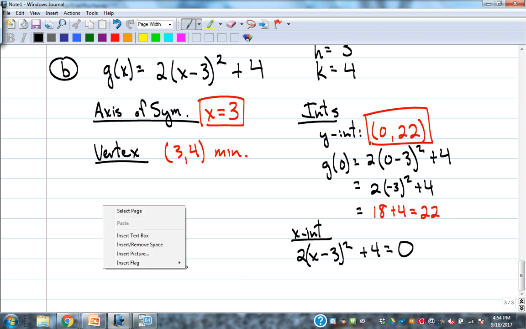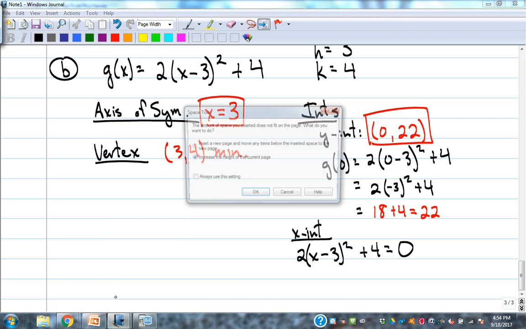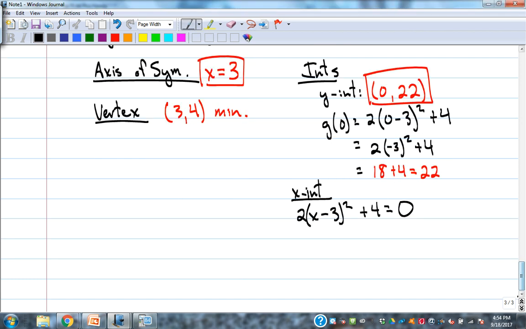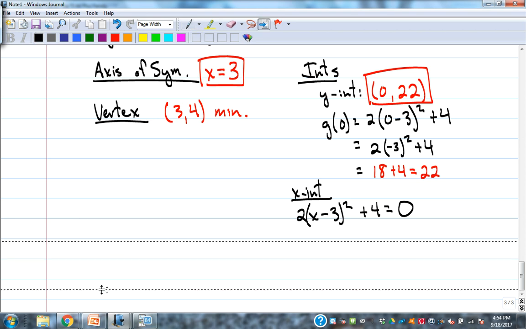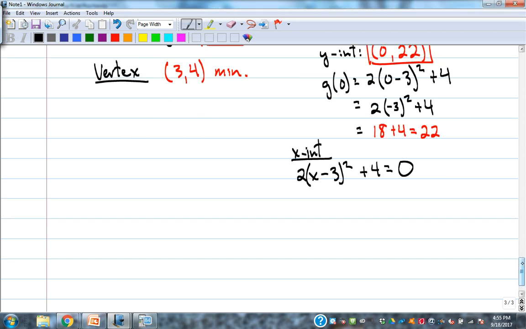So let's do that. To solve by square roots, the rule is get the square part by itself. What part is the square part in that equation? X minus 3. Get it by itself. So we subtract 4. We divide by 2.